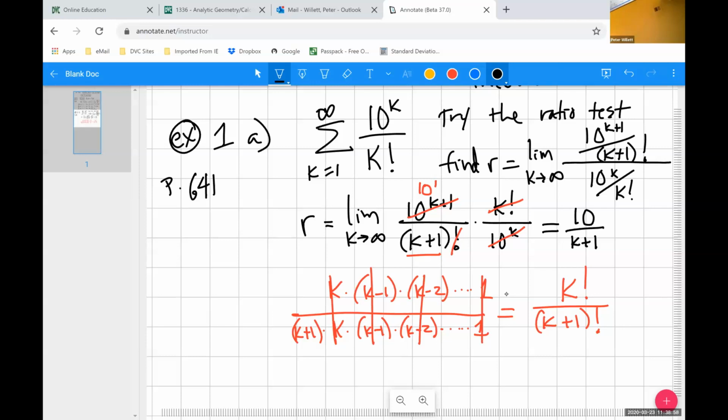Now again, I'm taking the limit as k goes to infinity. So after this simplification, I have a k in the bottom that's still going to infinity, but all I have in the top is a 10. So if the denominator is going to infinity and the top is just staying at 10, that ratio has a limiting value of 0.